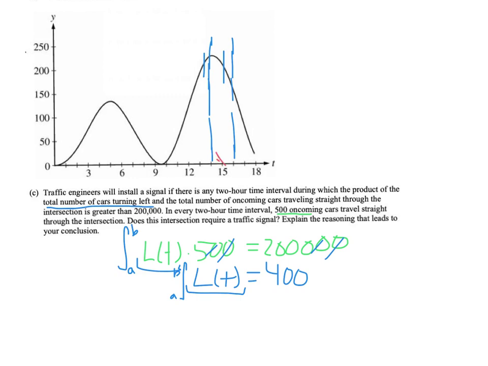And in terms of finding out this area, the magic is going to happen if we are greater than 400, then this 2-hour interval works for us. It doesn't really matter which one we choose, but if I choose, I don't know, 14 to 16, and do that calculation, I end up with a number that we can then use to see if this works or not. This is not the only way to do this, but this is a way to do this.